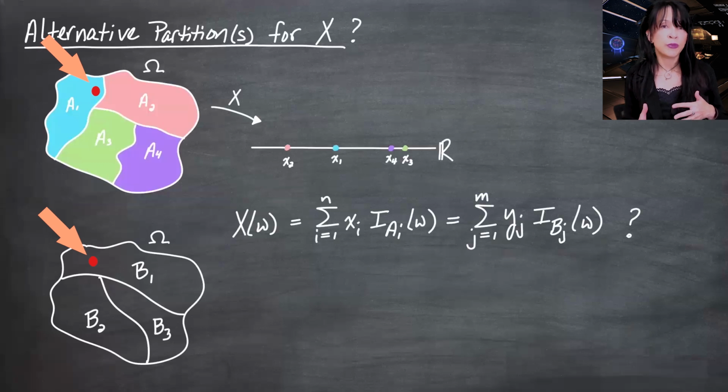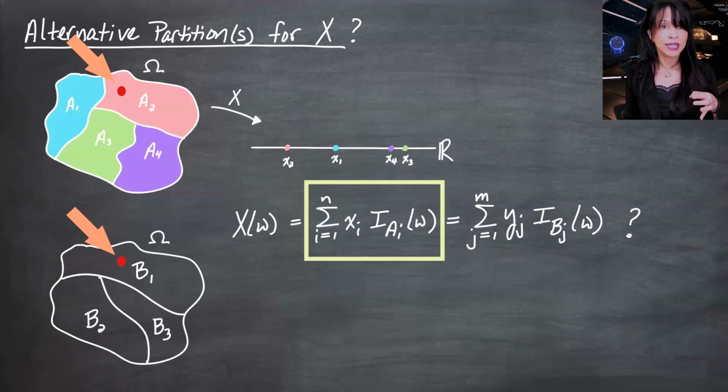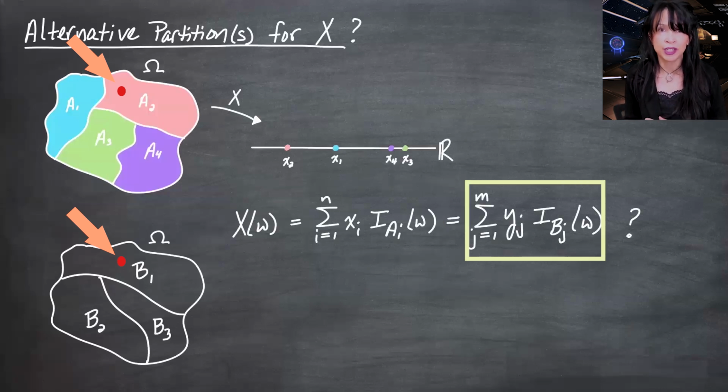Now consider an omega over here. In this representation, it's in capital A2, and according to this, it's going to spit out the value little x2, whereas down here with this partition, it's still in capital B1, and according to this representation over here, it's going to spit out little y1.